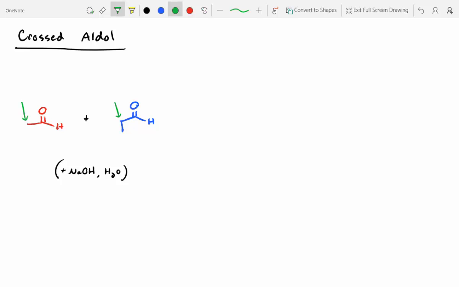So let's just say we have the red one react with another equivalent of the red one. Let's draw that aldol product. If we do that, we can link them together. Get something that looks kind of like this, right? So we've got our beta hydroxy aldehyde, where we had two equivalents of that red starting material combined.